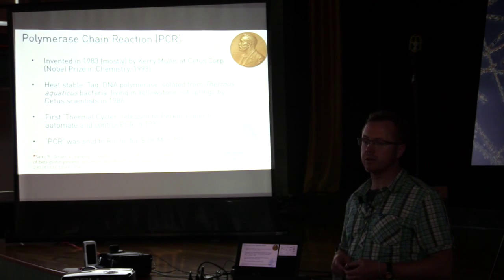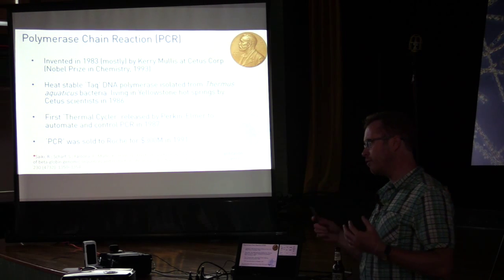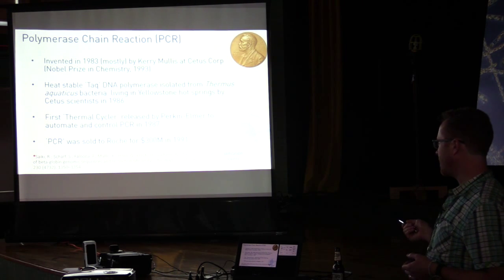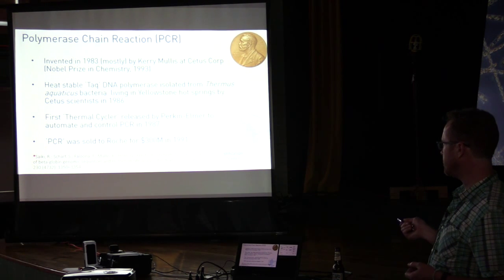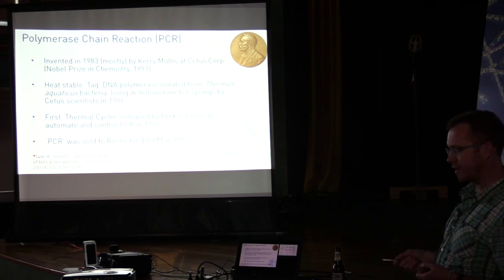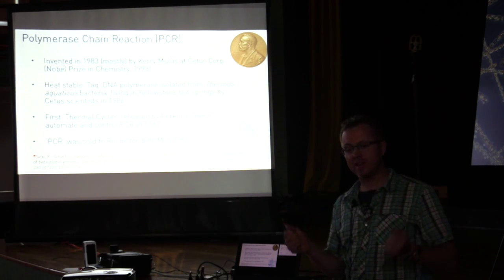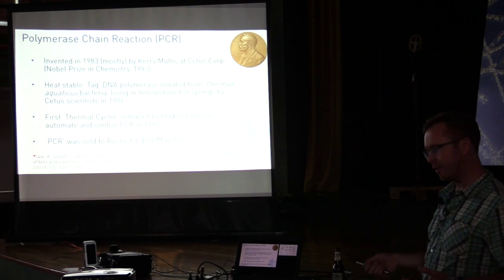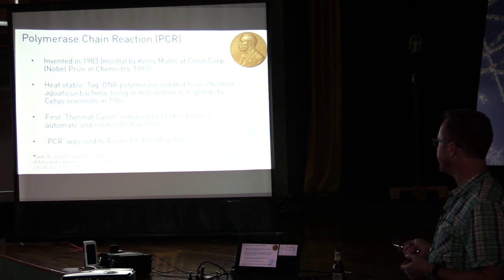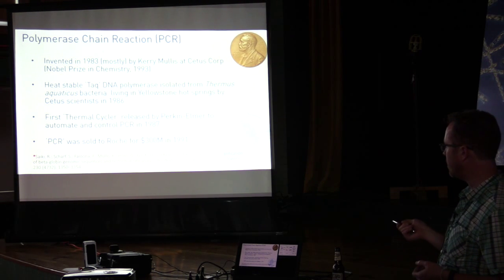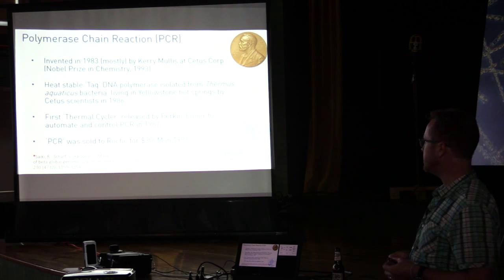There was some initial research done back in the early 70s that described a similar process, but nobody really put it all together until, the story goes, Kary Mullis, a biotechnologist at one of the first biotech companies, Cetus Corporation, was driving down coastal Route 1 in California one night, and it suddenly popped into his head how to solve this problem of amplifying whatever DNA sequence you wanted out of a genome and then being able to analyze it. For this development, he and Cetus Corporation shared the Nobel Prize in Chemistry in 1993.